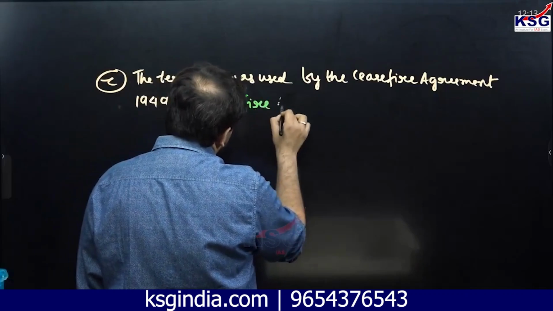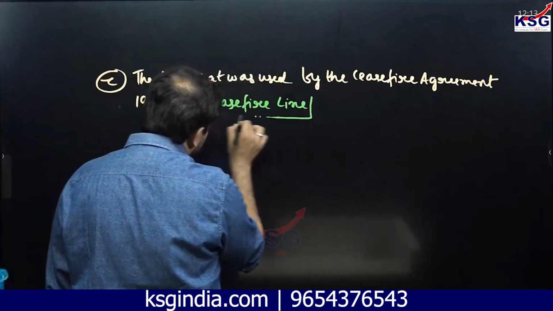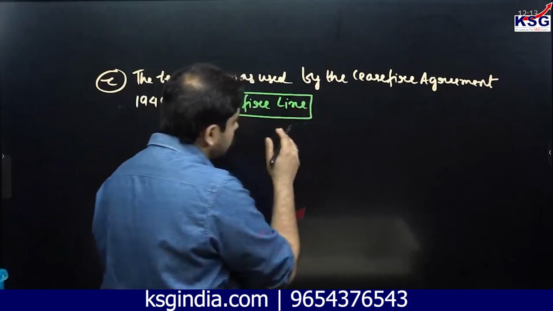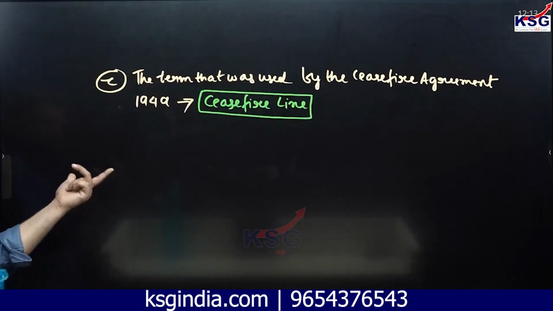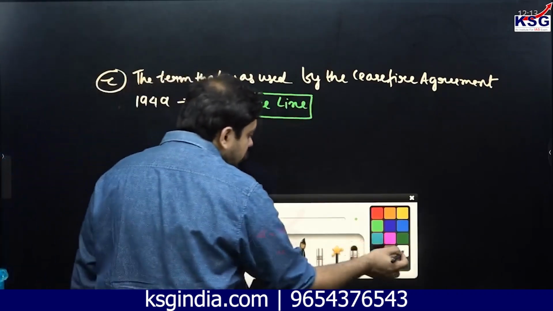So the line that was demarcating the two parts, that line was known as a ceasefire line. Okay. Point number D.